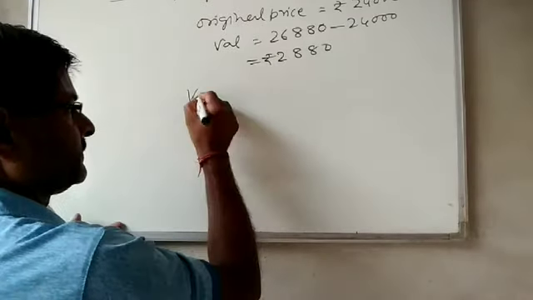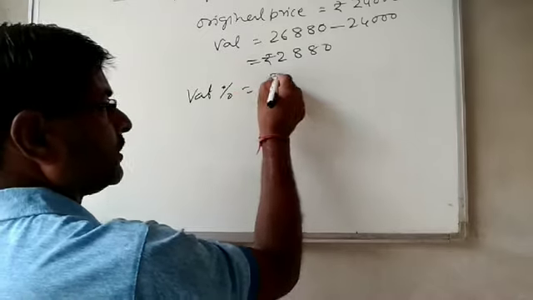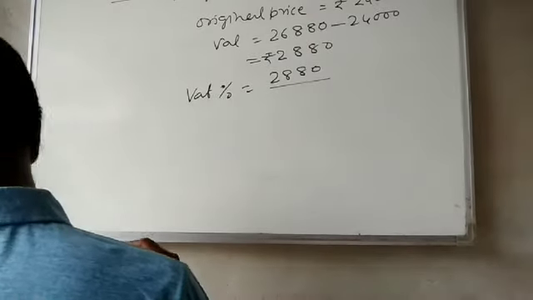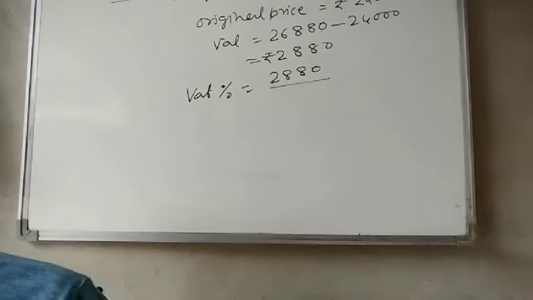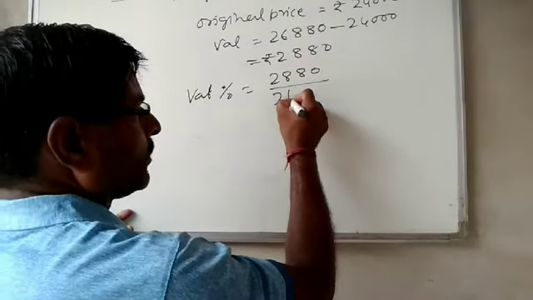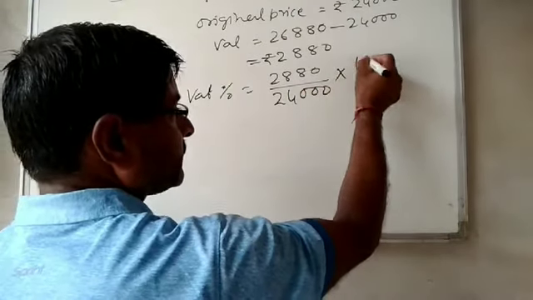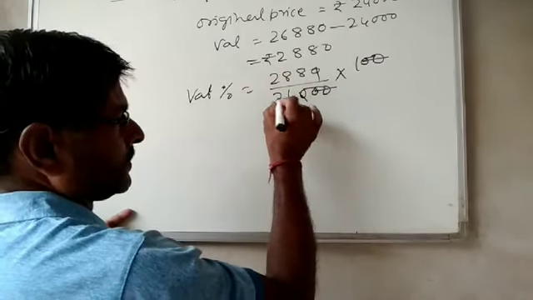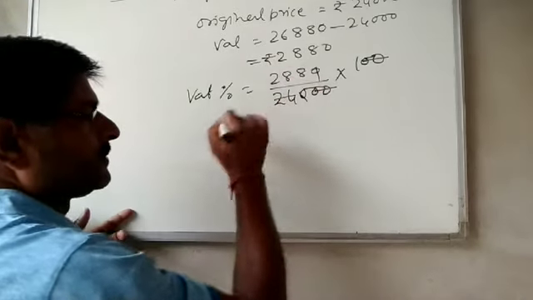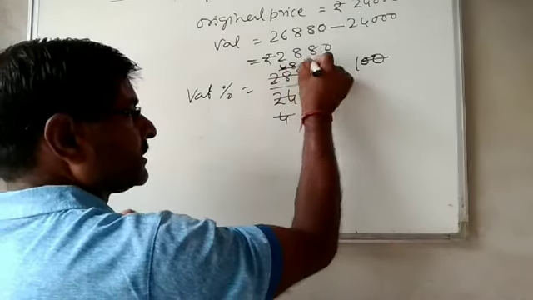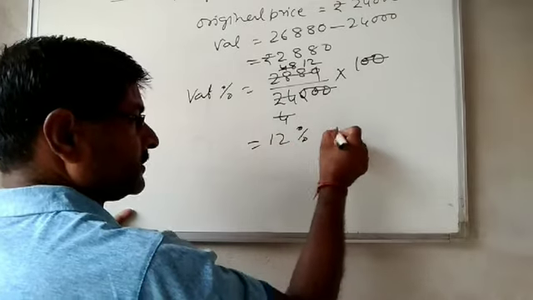So VAT percent is equal to 2,880 upon 24,000 into 100. Cancel the zeros, then cancel 6 and 4 with each other. 12, equal to 12%. This will be the answer.